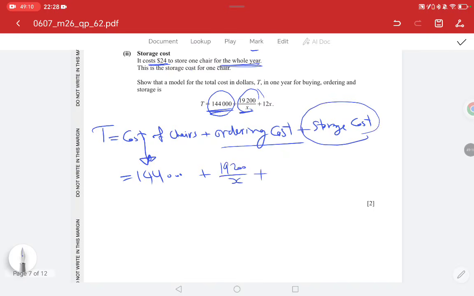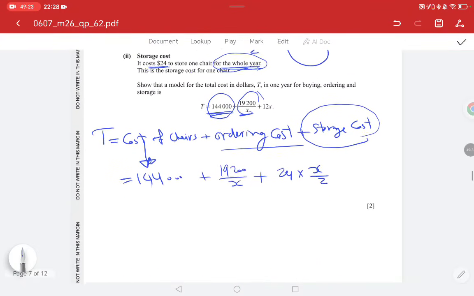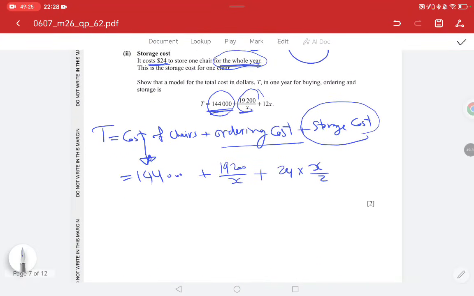Storage cost, they said, is 24 for 1 chair for the whole year. But how many do we have in the year? The mean number we have per year, we said it's X over 2. This is also what we found, so we are using all the old formulas. So 24 divided by 2, what will it be? It will be 12.